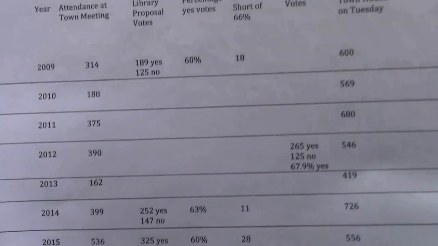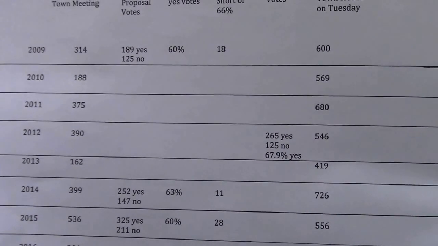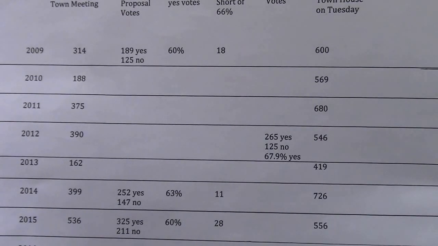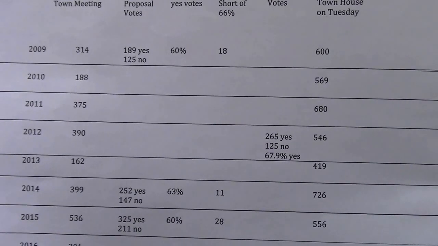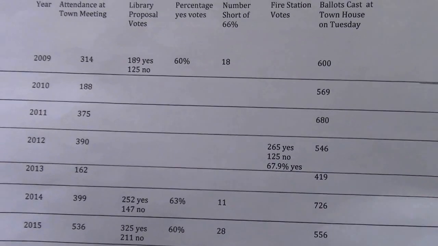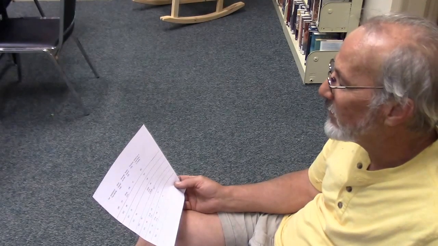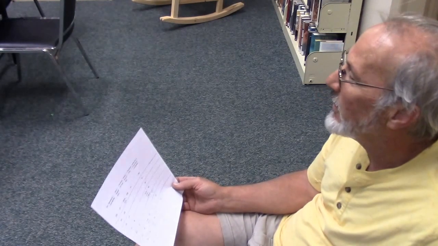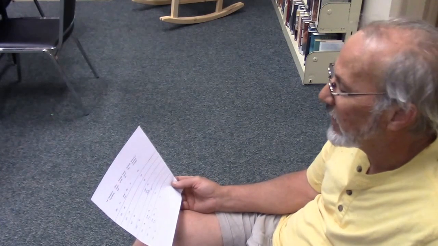Then you have the vote totals for the libraries and the fire stations, etc. A couple of numbers I found interesting: the number of people that voted no for the library on the second vote was the same number of no votes as on the firehouse. So we have a pretty consistent group of people that are not going to vote for anything.